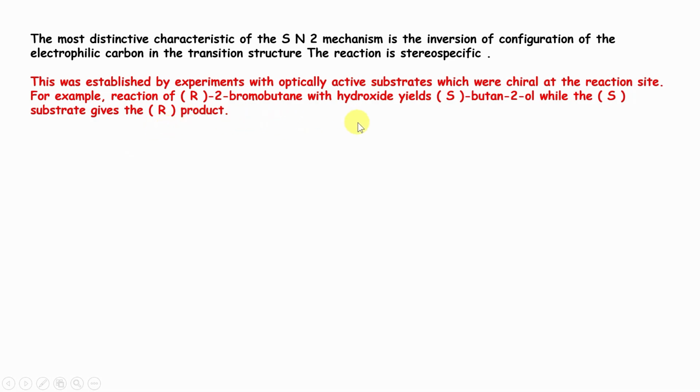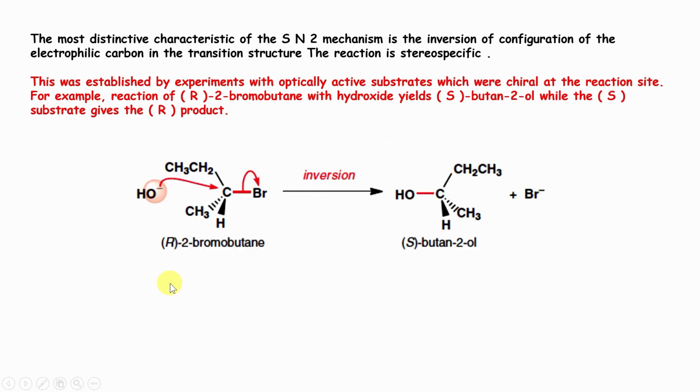R-2-bromobutane with hydroxide yields S-butan-2-ol, or S-2-butanol, while the S substrate gives the R product. See, it is the R substrate which gives the S product. Here the OH negative ion, that is the nucleophile, attacks this chiral carbon atom.